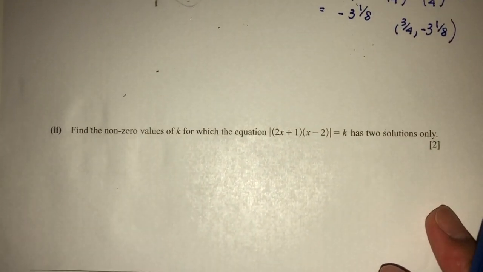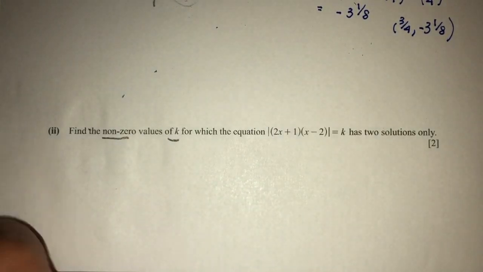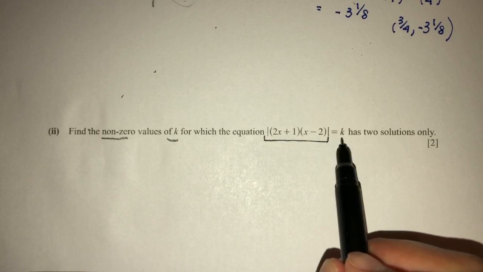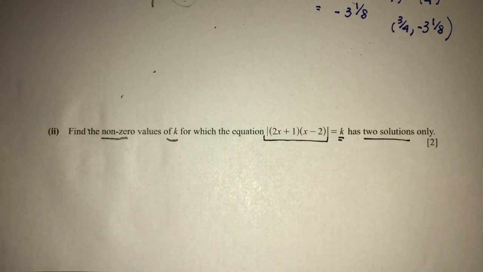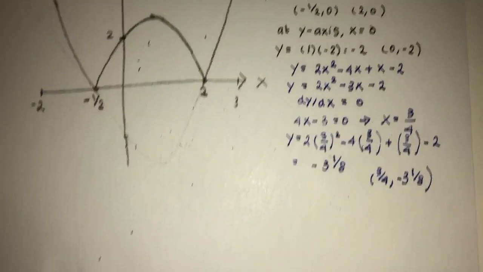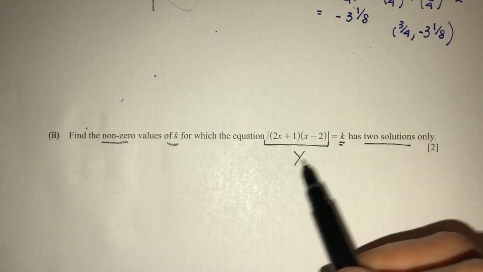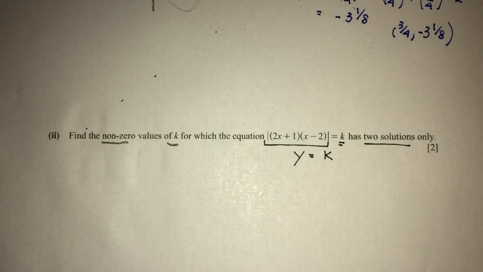Now for part 2, we have to find the non-zero values, okay, of k, for which this equation equal to k has 2 solutions only. So it's only 2 solutions. Now, what is this? If you observe, we have just drawn this graph. This is y. So we're trying to find for what values of k this equation has 2 solutions.